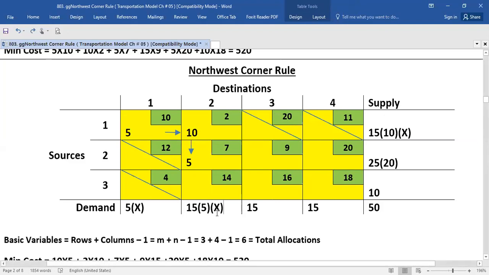We have put a cross sign here, and here we have 25, the value of the supply. When you subtract this 5 from 25, it remains 20. Now, as I have earlier told you, in the blank cell there is a line, and in this column 1 is the blank cell.